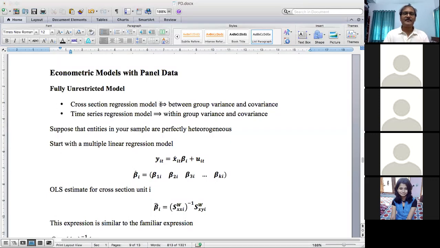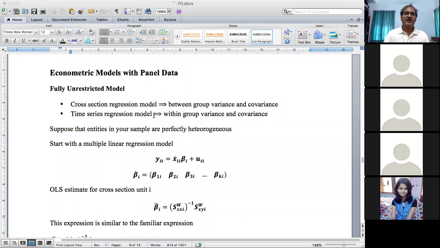So in the case of purely cross-section regression model, you are using the variation along a particular row. So for a particular row, the information varies between group, information varies between the cross-section unit. That's why this kind of model normally is obtained by using between group variance and between group covariance.